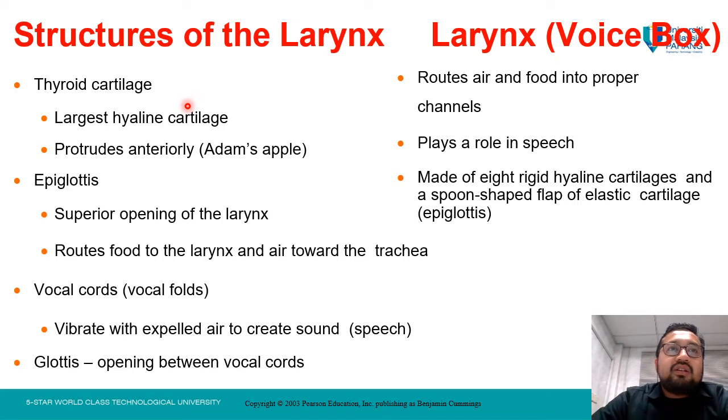Then we've got the epiglottis, the superior opening of the larynx, which routes food to the esophagus and air toward the trachea, and the vocal cords. The vocal folds vibrate as air is expelled to create sounds and pitch, and the glottis is the opening between the vocal cords.